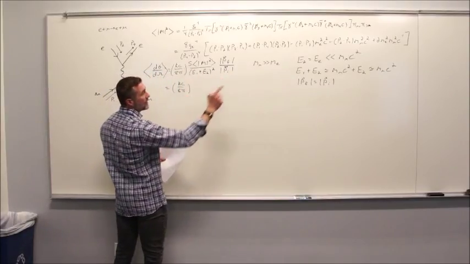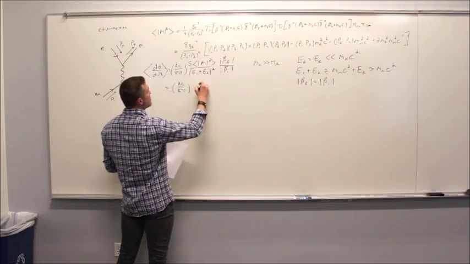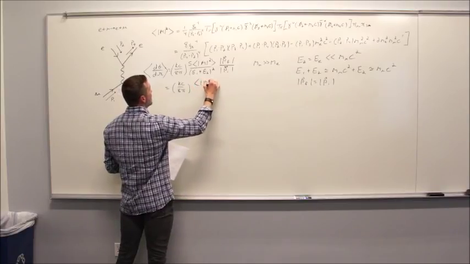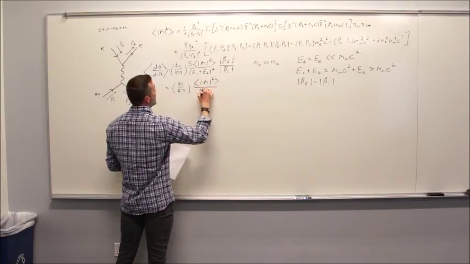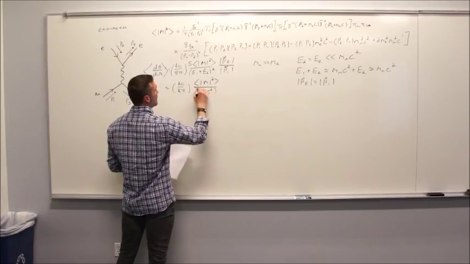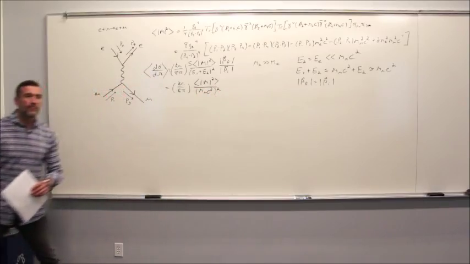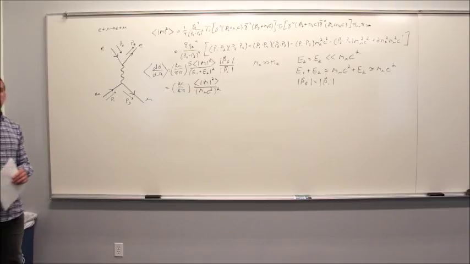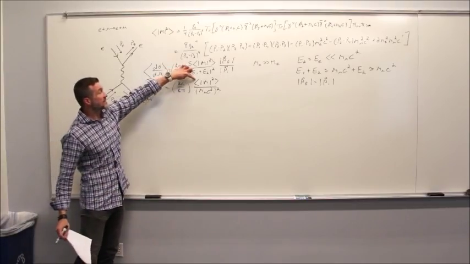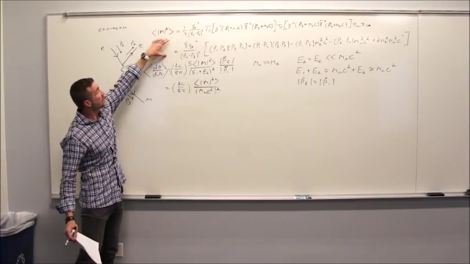S is 1. E is M mu c squared, so this is just going to be quantity squared. Okay? Now we've evaluated this expression. It's right here.